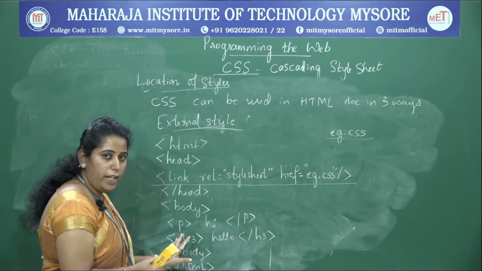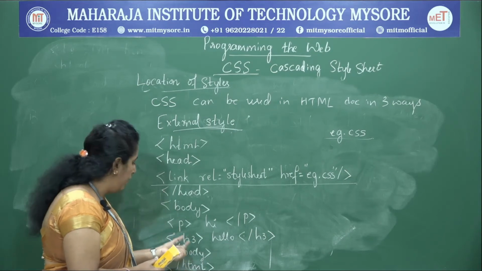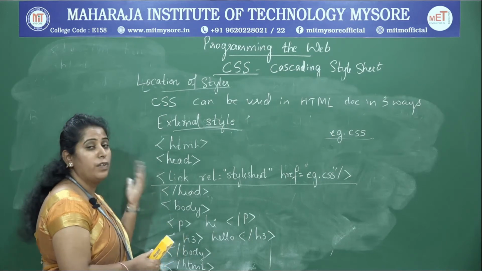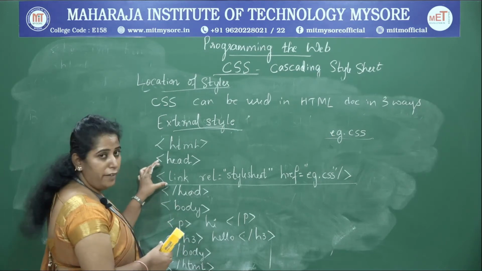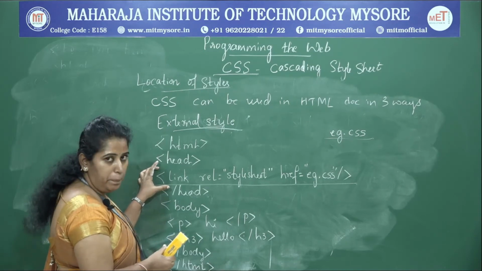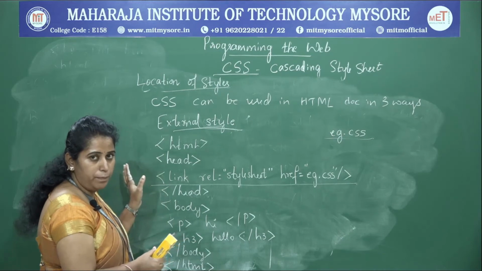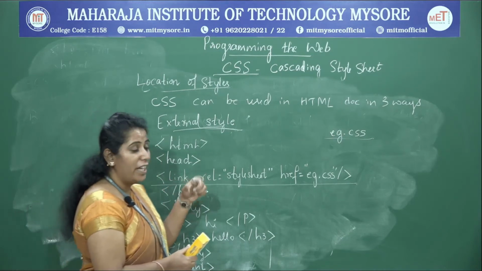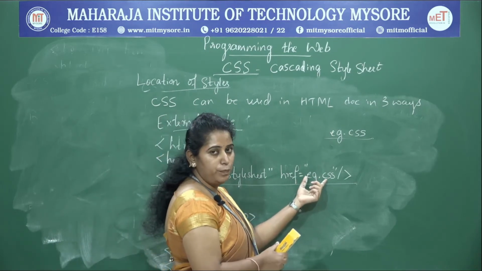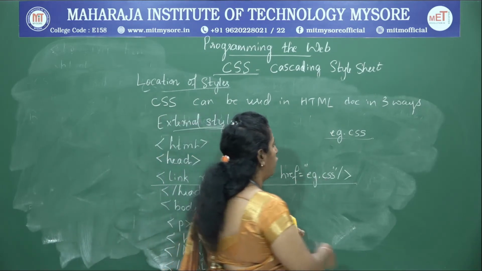In the case of inline style, within a tag I am placing the style. In the case of embedded style, I was giving the style rules within the header part. I have not used any of them. I am just referring to another text file, this one.